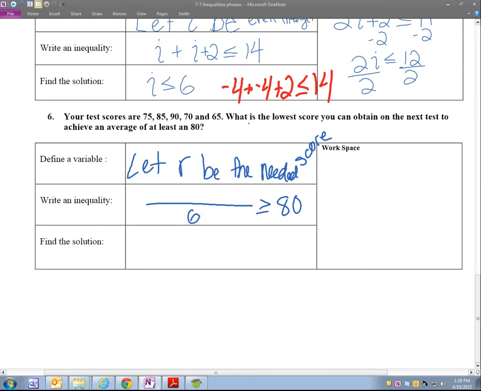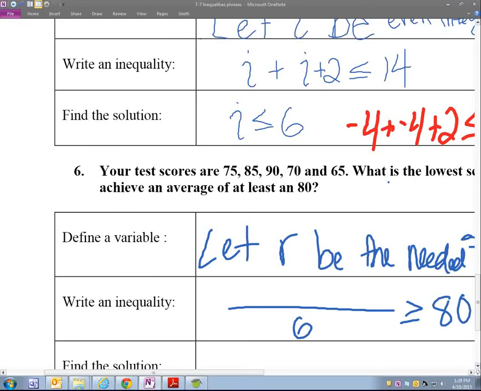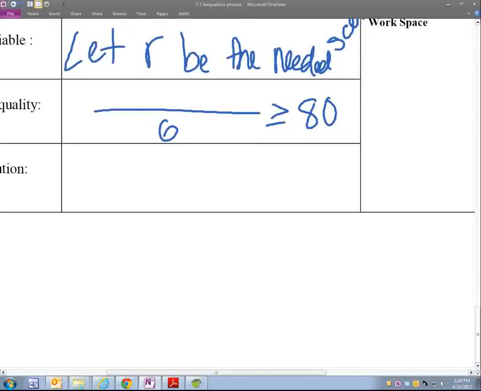And as someone said, we need to add up all of the scores. I'm going to zoom in for this one so I can write a little bit nicer. So all the scores that I have above are 75 plus 85 plus 90 plus 70 plus 65. There's 5. What's my 6th one? Yeah, R.